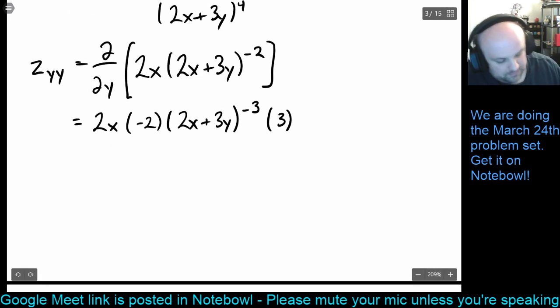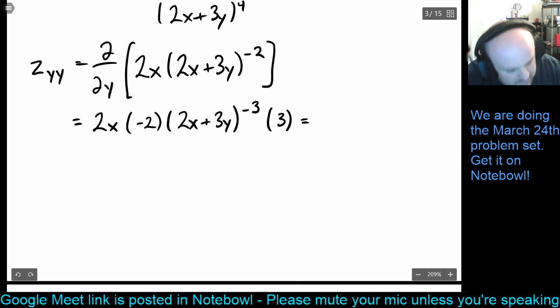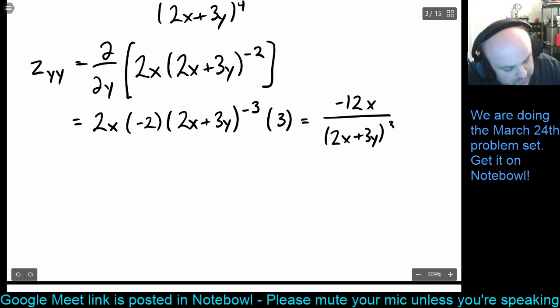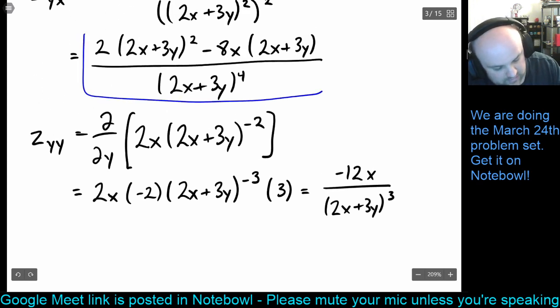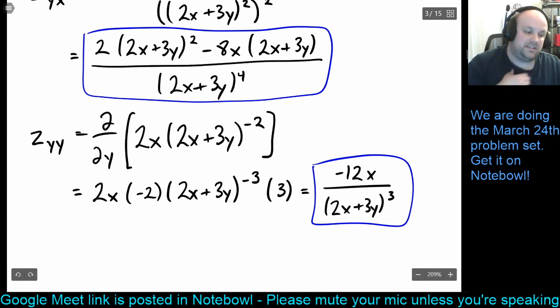And here we can simplify this if you want. I don't think we did it last time, so maybe we'll go ahead and do it this time. Get minus 12x over (2x plus 3y) cubed. And those will be our two answers here.